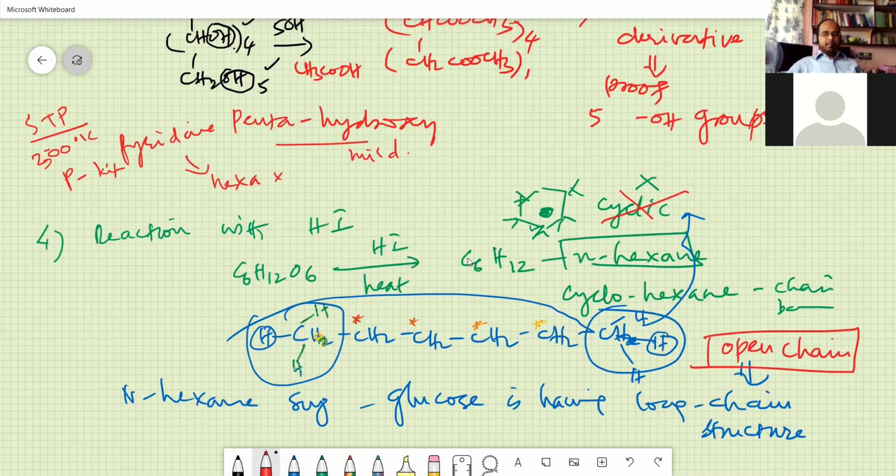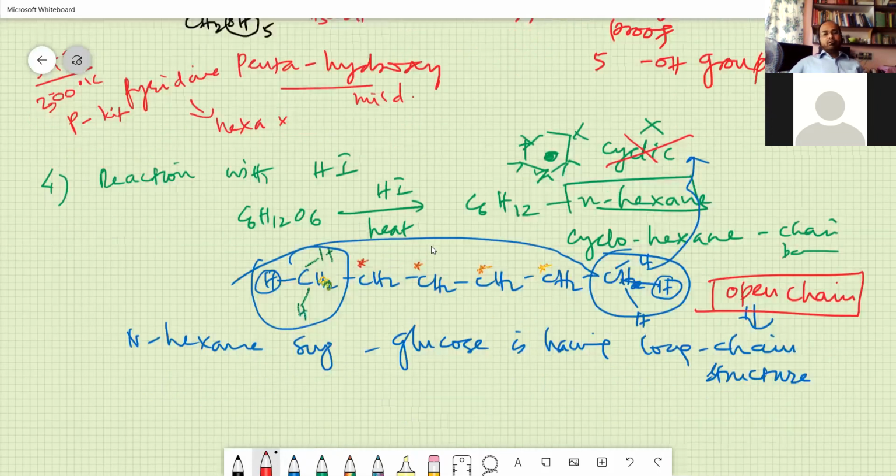We are not taking any polymer. We are not taking any sucrose unit. We are not taking any macromolecule. Macromolecules are large molecules. We are just taking small molecules, and then we are studying the inner deepest structure of this. Therefore, hydrogen iodide reductively removing oxygen gives rise to hexane.